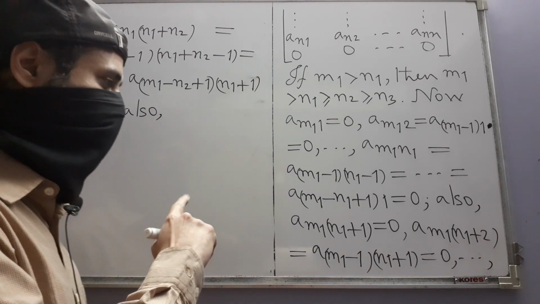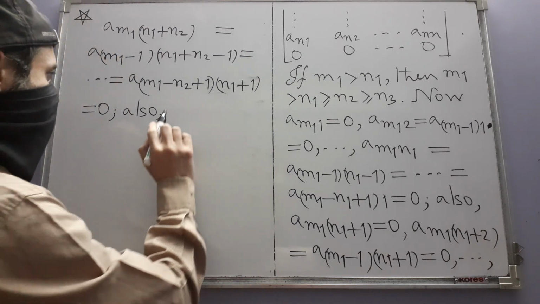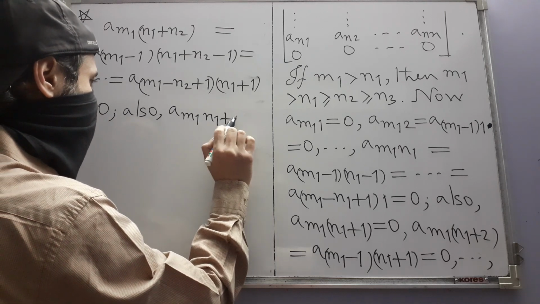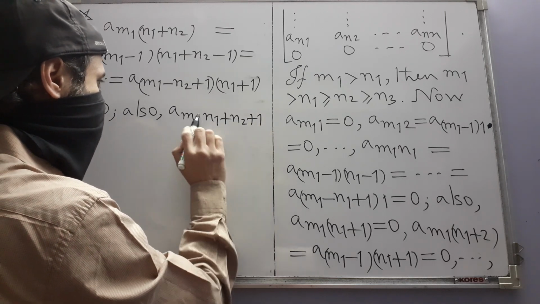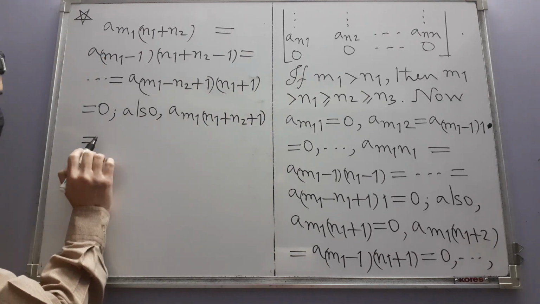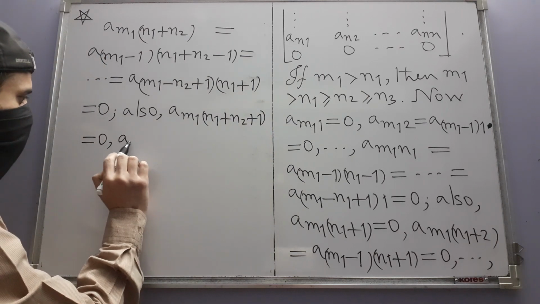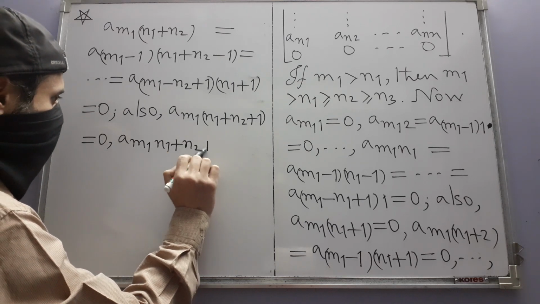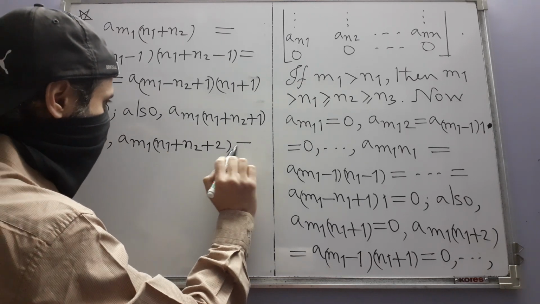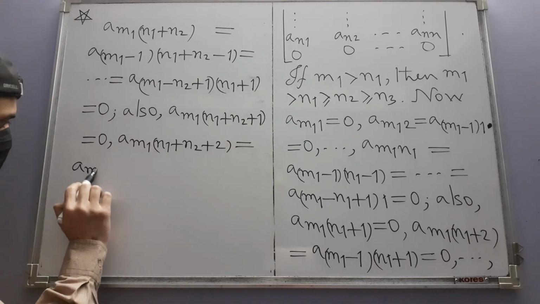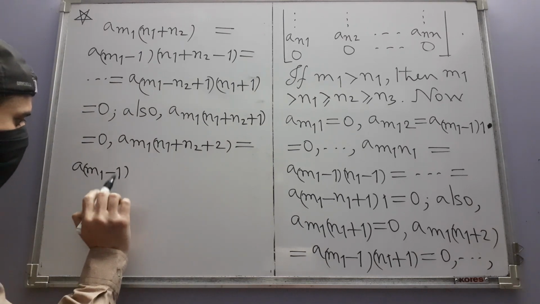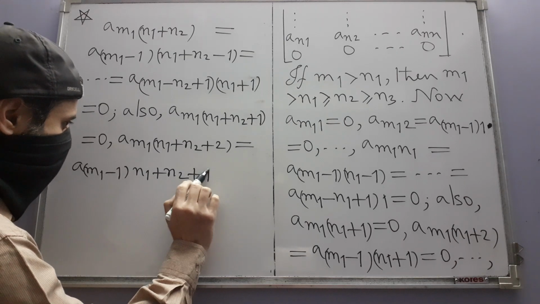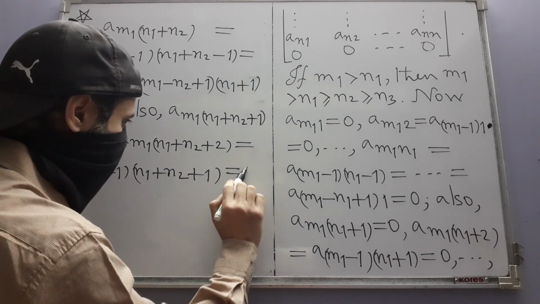Again, this follows from the fact that the two products are equal. m1, n1 plus n2 plus 1 is equal to 0. Next, n2 plus 2, this is equal to m1 minus 1, n1 plus n2 plus 1, but that's again 0.